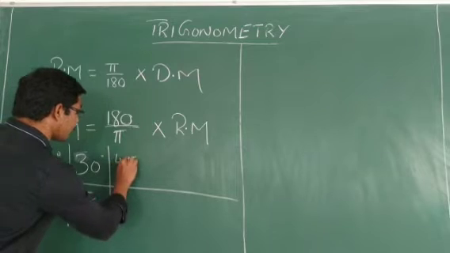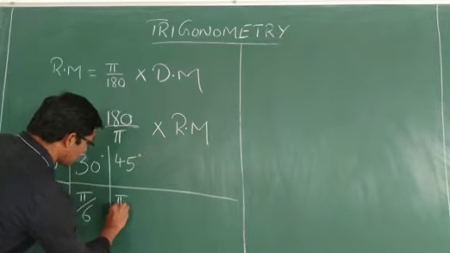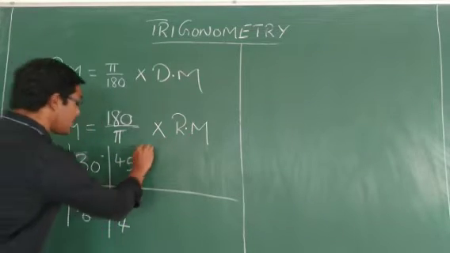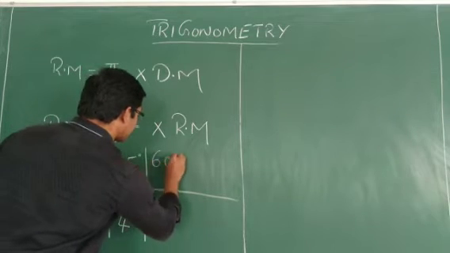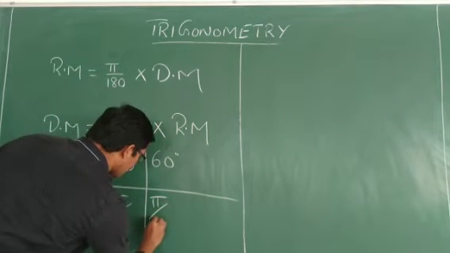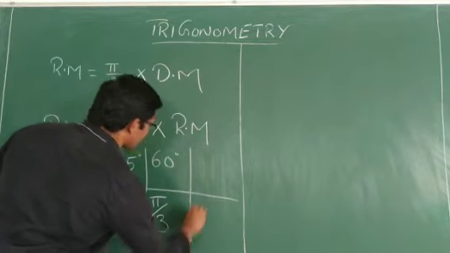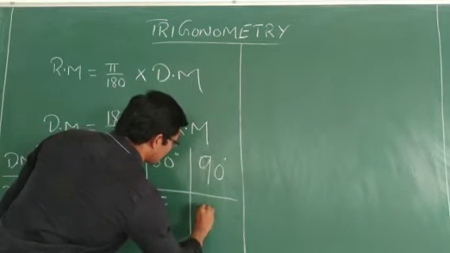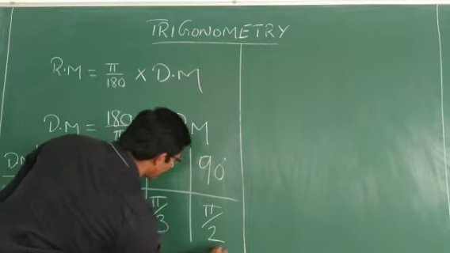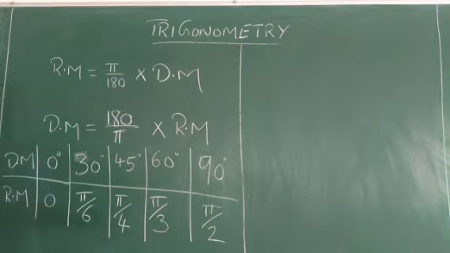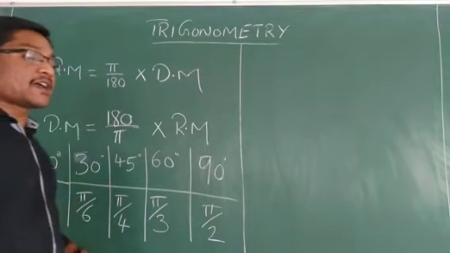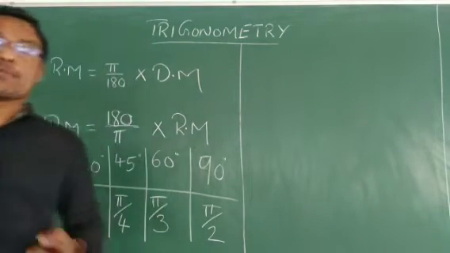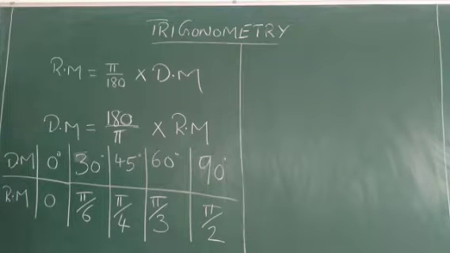If it is 45 degrees, this will be equal to pi by 4. If it is 60 degrees, that is equal to pi by 3. If it is 90 degrees, that will be equal to pi by 2. As we have discussed earlier, pi also can be taken as 180 degrees.